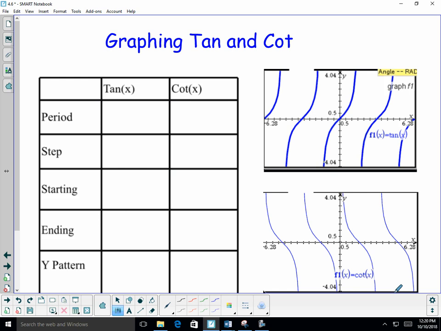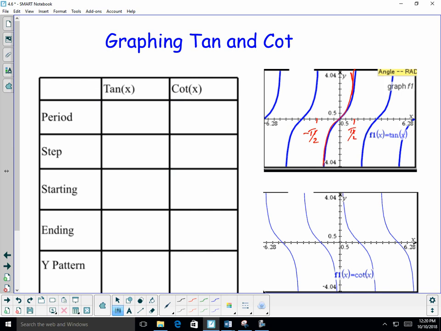First of all, if I look at the graph of tangent, it goes way up to infinity, comes down, and then goes all the way down to infinity. But what's important is that it happens in a smaller interval. This is about negative pi over 2, and this is positive pi over 2.